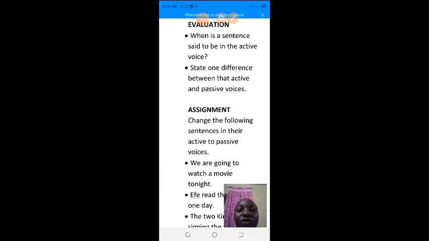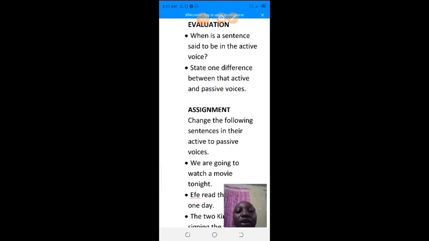Johnson, can you do that? All right. One difference is that while the active voice has the subject coming first, in the passive voice, the subject comes last. Also, in the passive voice, the subject is introduced by the preposition "by", while in the active voice, the subject is direct, not introduced by any word.